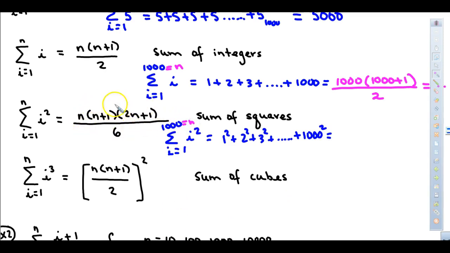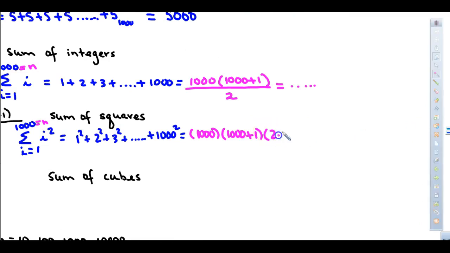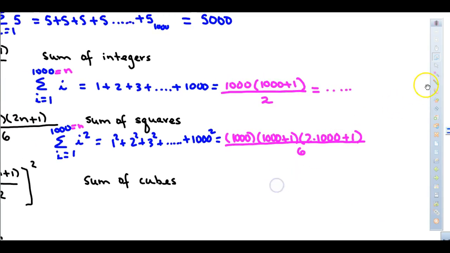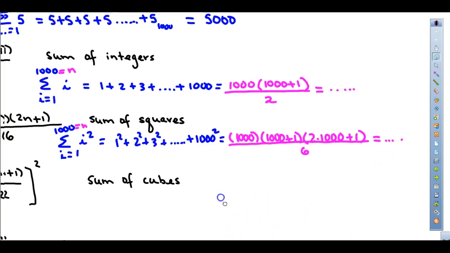You would plug it into this formula and do 1,000 times 1,000 plus 1, times 2 times 1,000 plus 1, and then every bit of that is divided by 6. Then whatever you get, you just put all that in your calculator and add it all together.